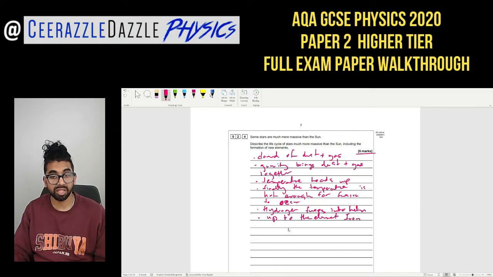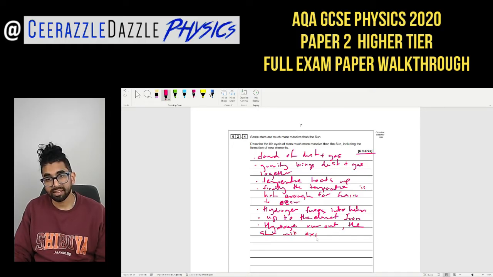and then obviously when you run out of fuel, so when hydrogen runs out, the star will expand to become a red supergiant. And then the star will explode, becoming a supernova.